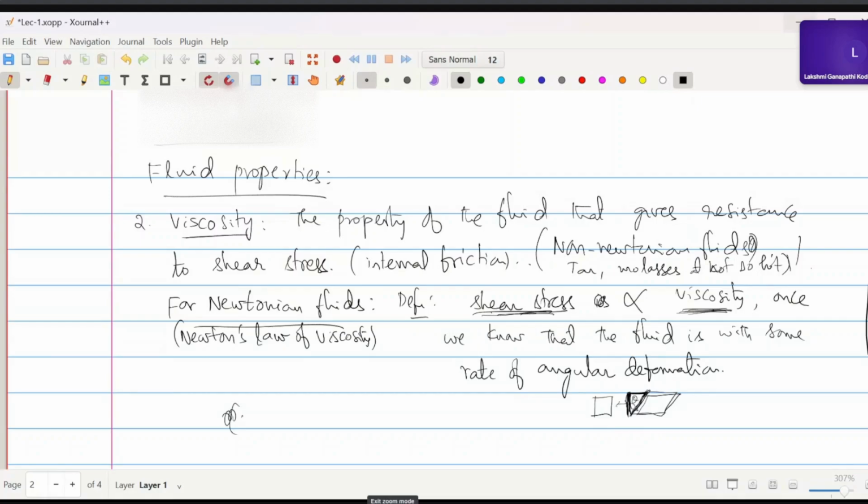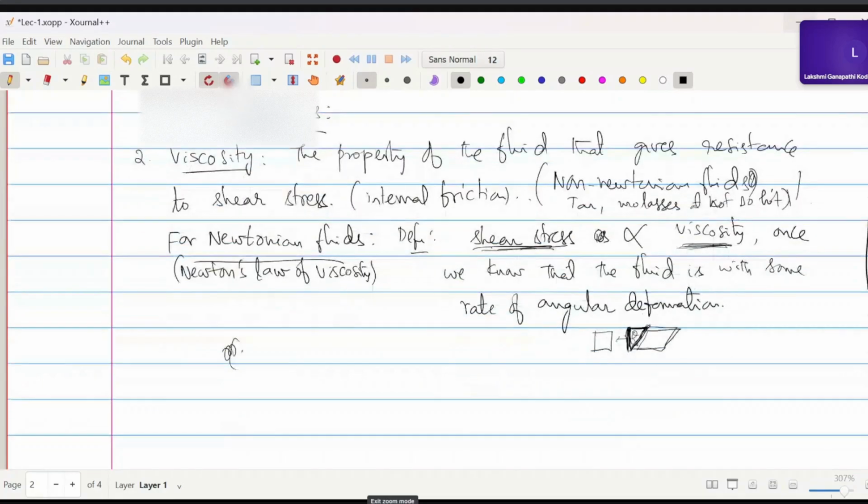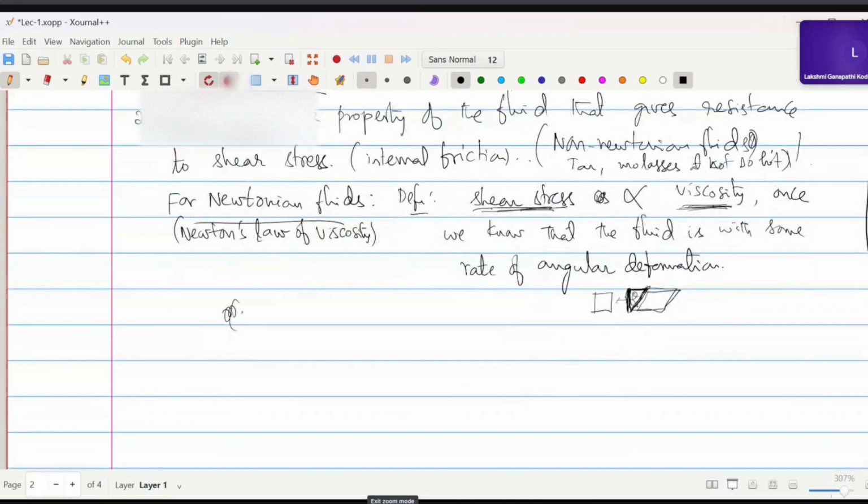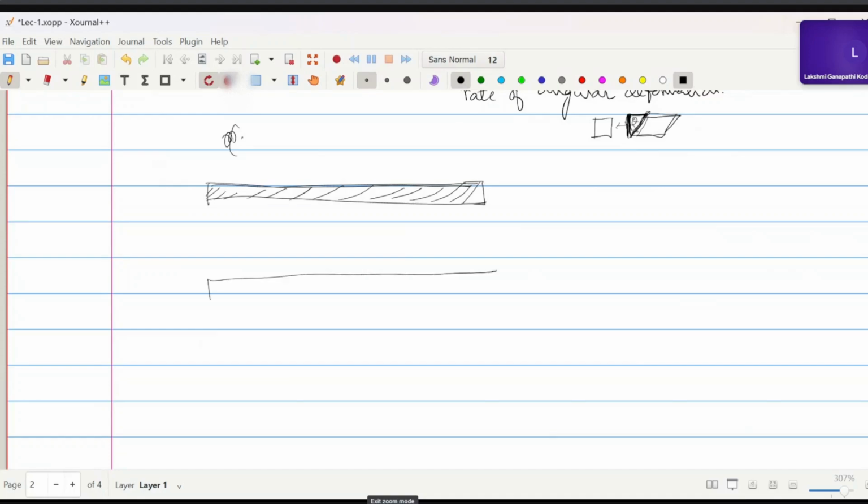We explain this Newton's law of viscosity through an example. Let me give you that example. You have two plates here. This is one plate, let me draw this, and you also have another plate here.